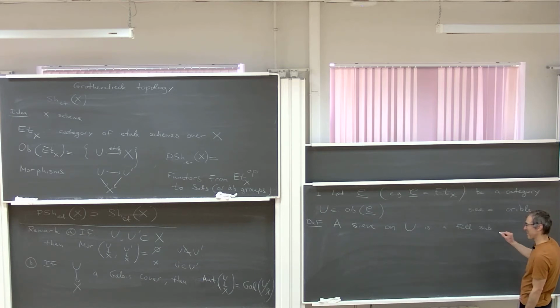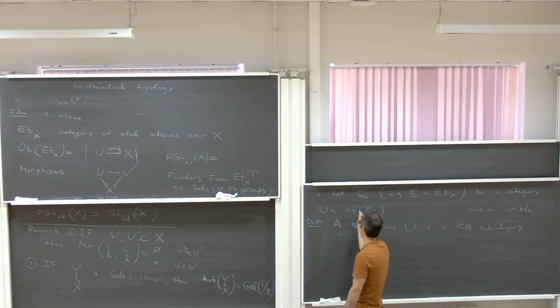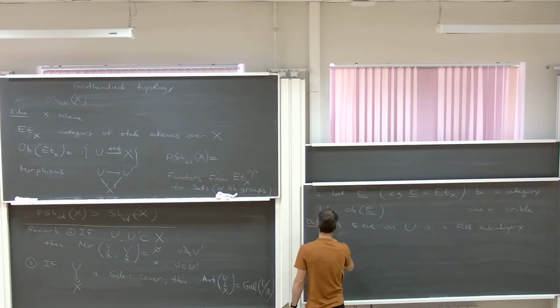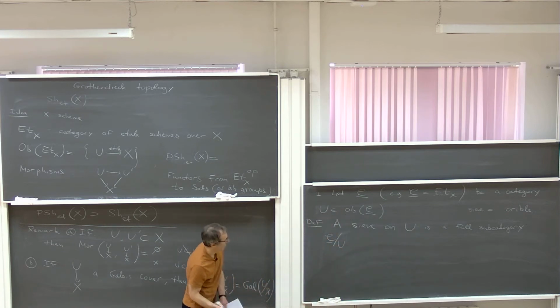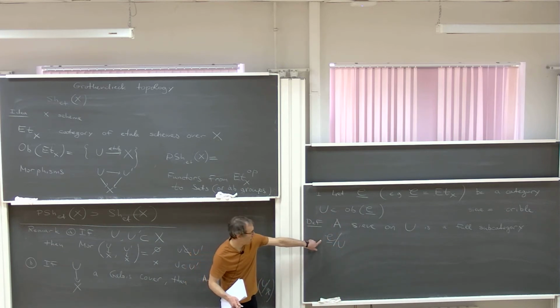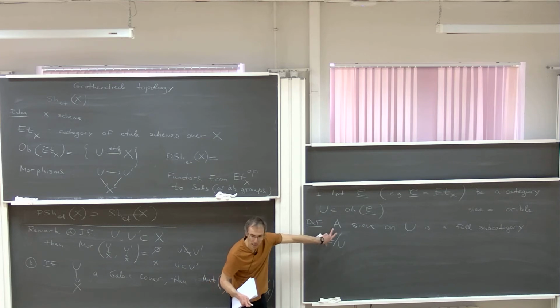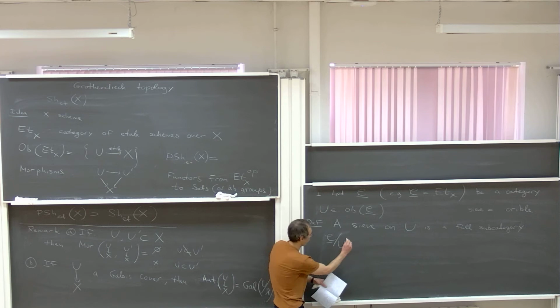Okay. So a sieve on U is a full subcategory of the category of objects over U. Let me recall what this means.